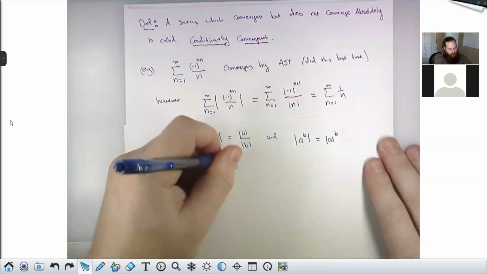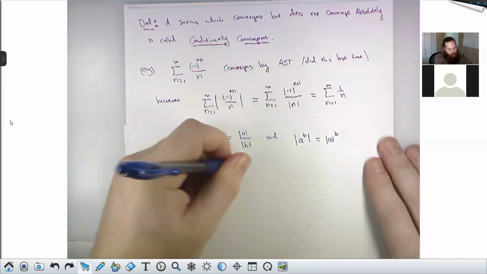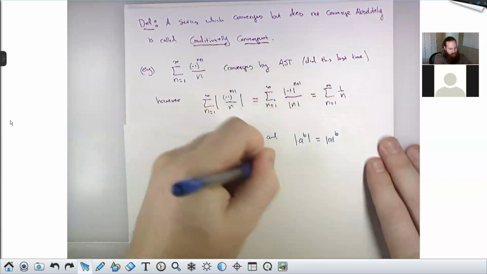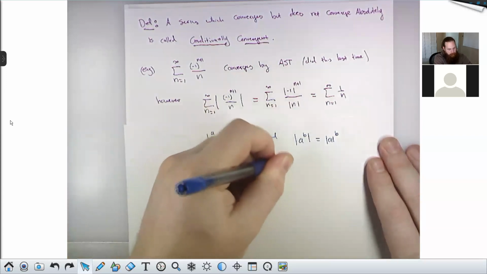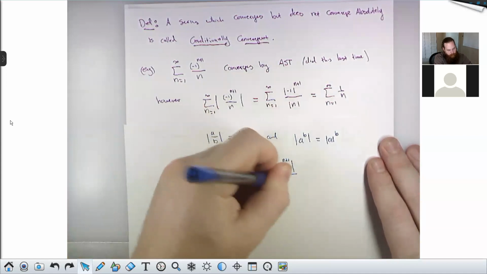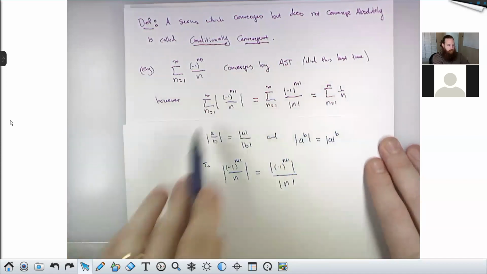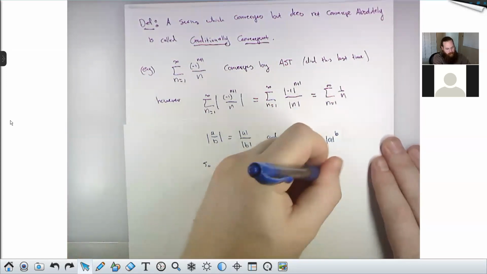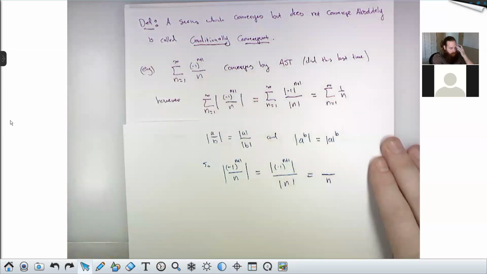So the absolute value of negative 1 to the n plus 1 over n, if we break this down one piece at a time, is the absolute value of the top over the absolute value of the bottom. That's using this first rule. The absolute value of n is just n because n is running from 1 to infinity.